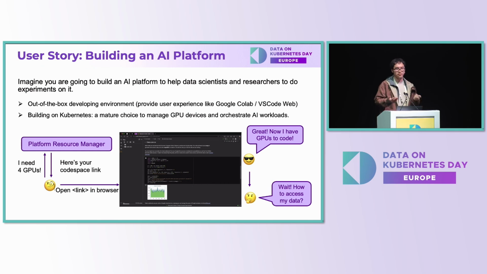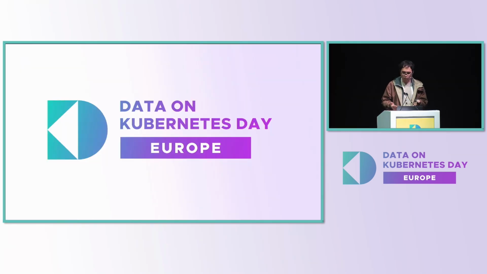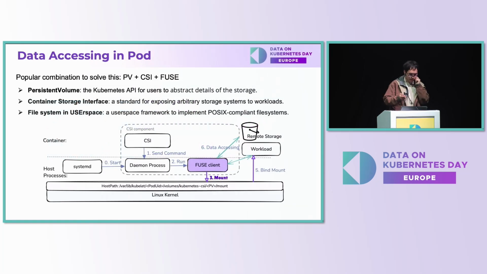Data accessing is very important for any AI workloads, and data can be stored in some remote storage, for example, like object storage or NAS. So what is the best way to orchestrate volumes on Kubernetes for such AI platform users? We're talking about how to orchestrate volumes in a Kubernetes environment.